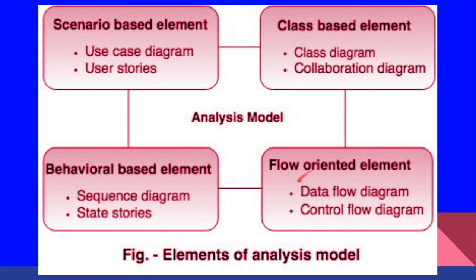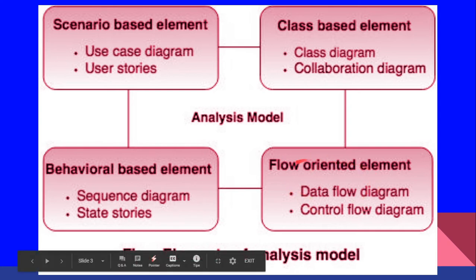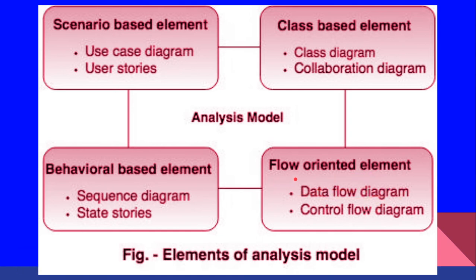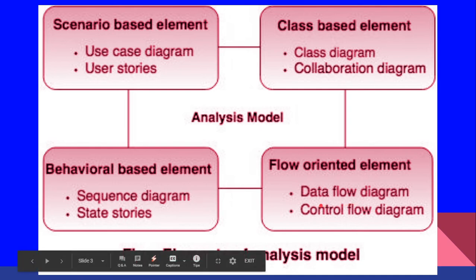In this type of flow oriented element, the whole process is defined using the data flow diagram. That means where the data comes from, what is the process involved, how the process converts the data from one format to the other format, and how the control flows from one module to the other module. So in the flow oriented diagram, everything is based upon the data flow diagram and the control flow diagram.